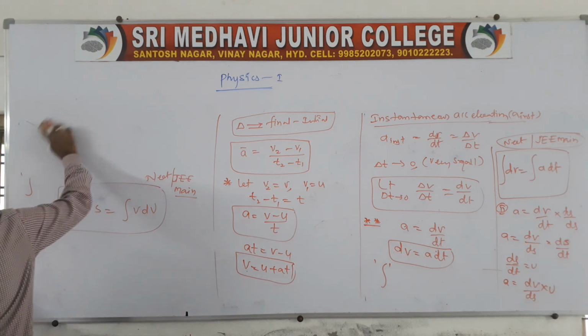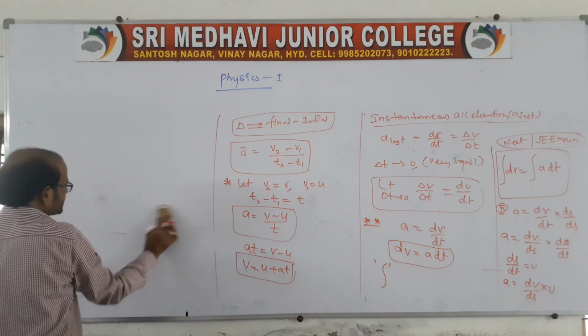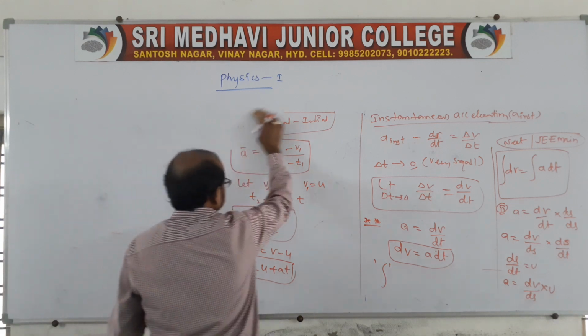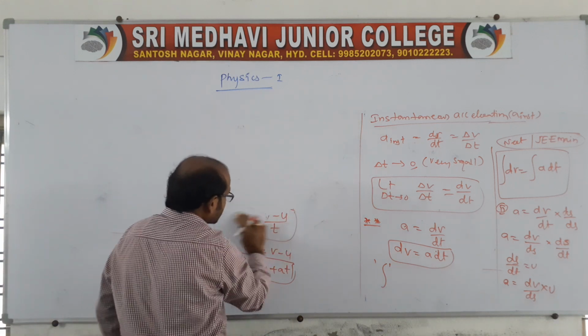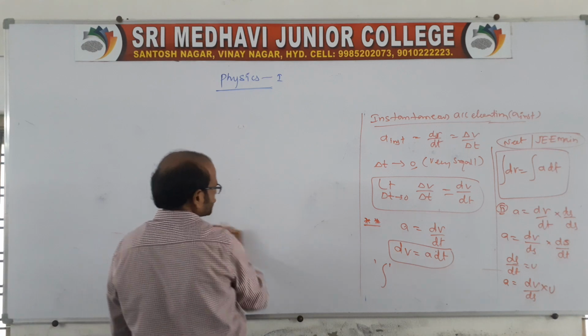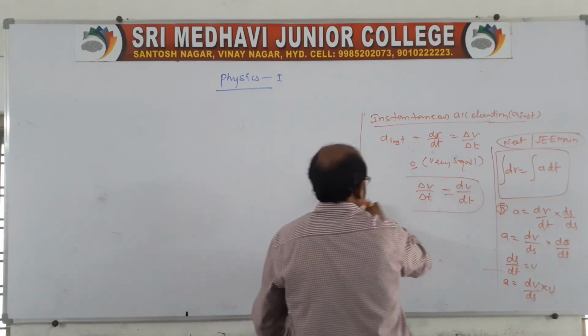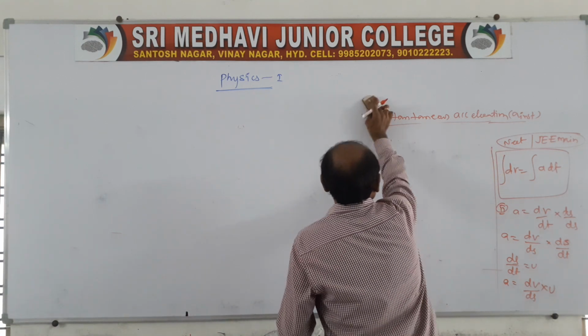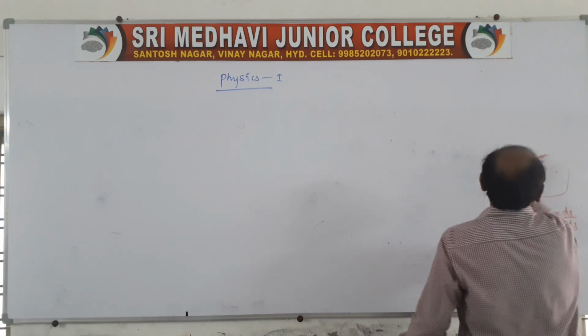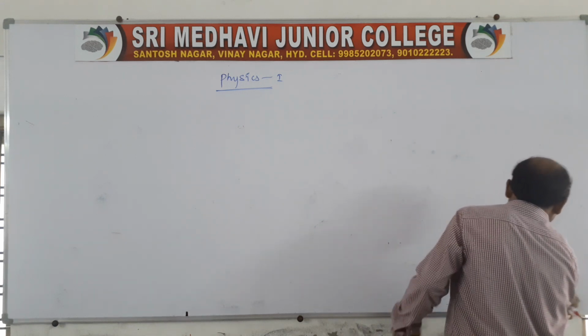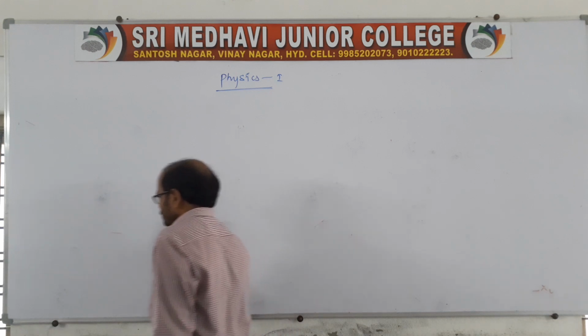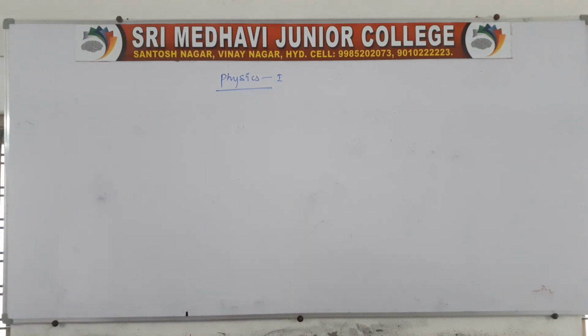Right, and let us move to the next topic: deceleration or retardation. See, deceleration or retardation is nothing but negative acceleration, which we can call deceleration, or we can say retardation.